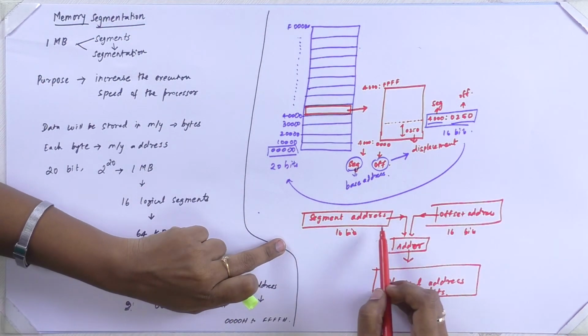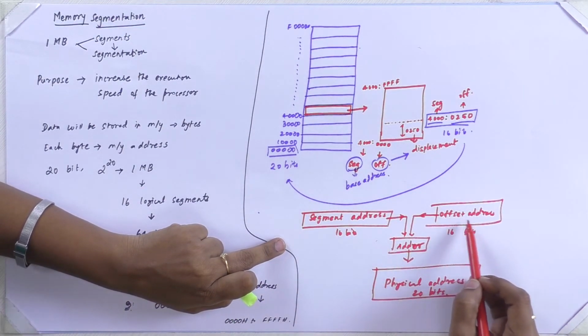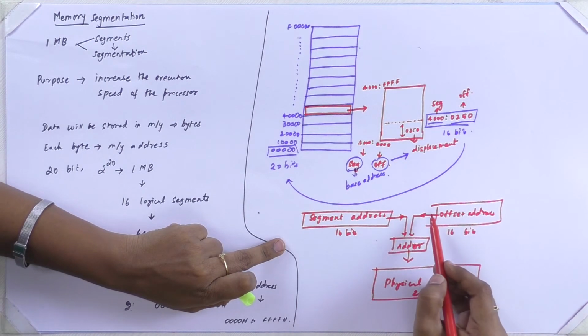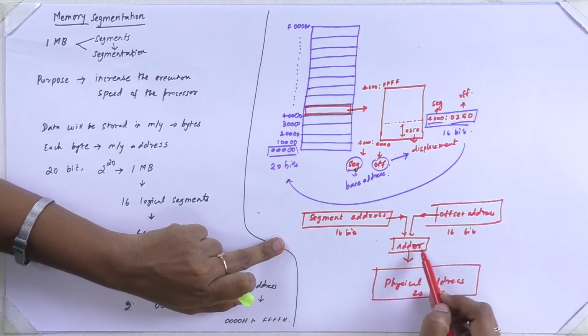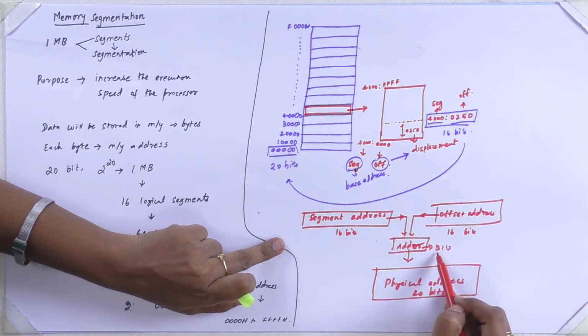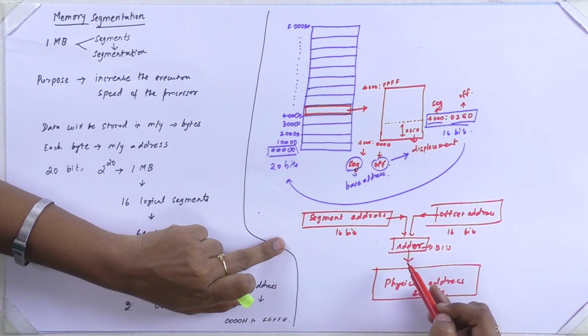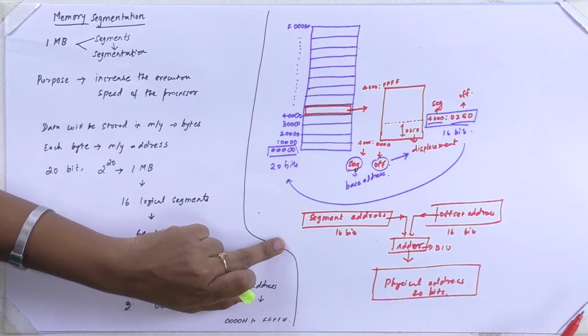The segment address of 16 bits and offset address of 16 bits are given as input to the adder that is located in the BIU, the bus interface unit, and this adder will convert this logical address into a physical address of 20 bits.